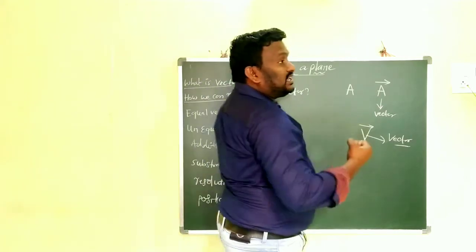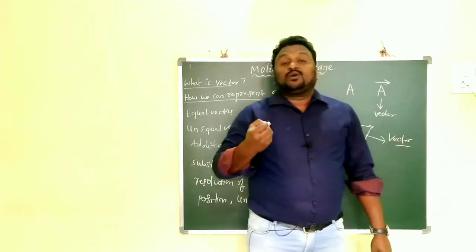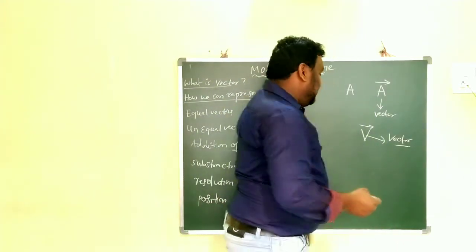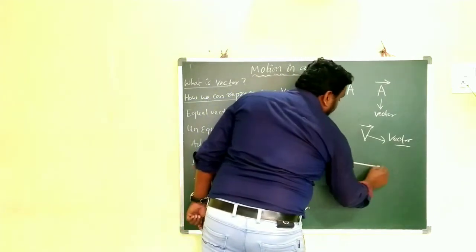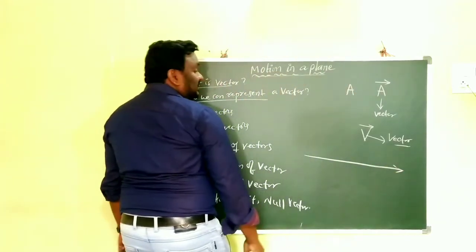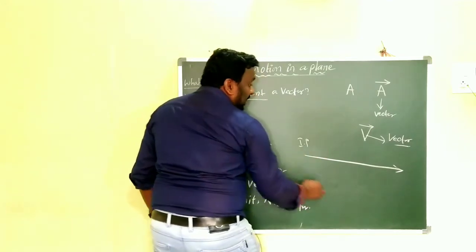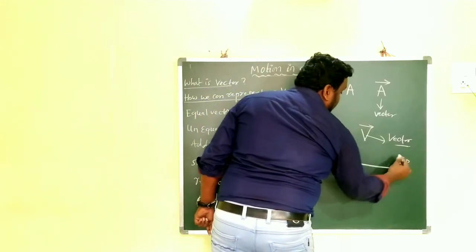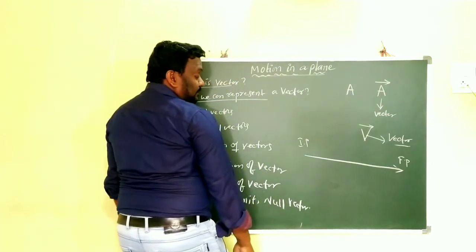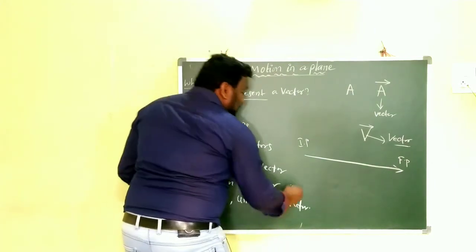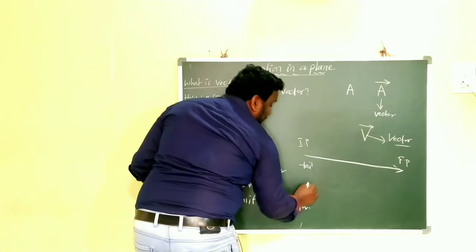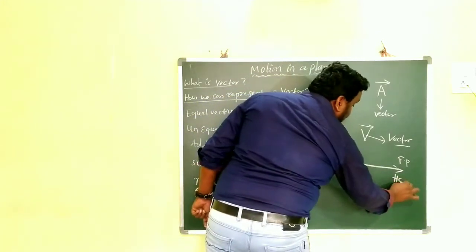In this way we can represent the vector while drawing. This is the vector we are showing like this. Generally we can call this the initial point and this the final point of the vector. In other words, we say this is the tail and this is the head point.